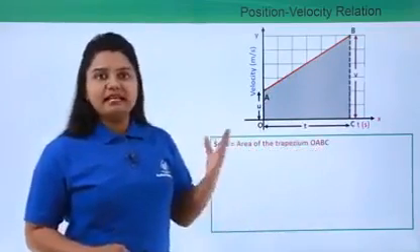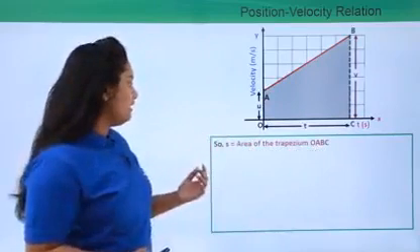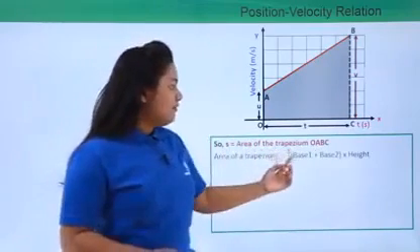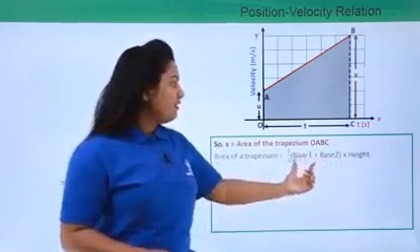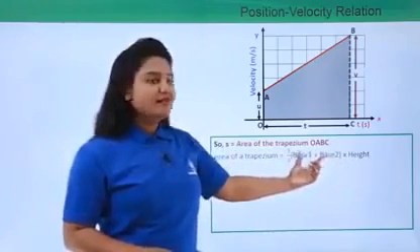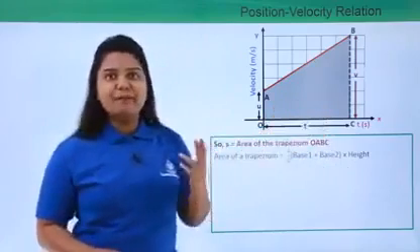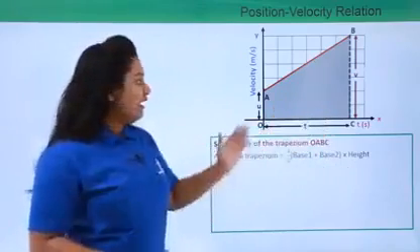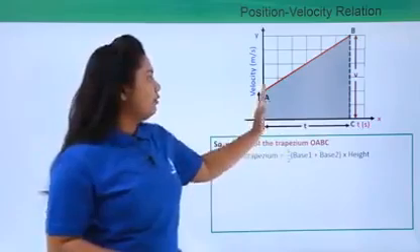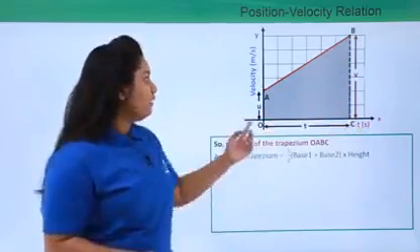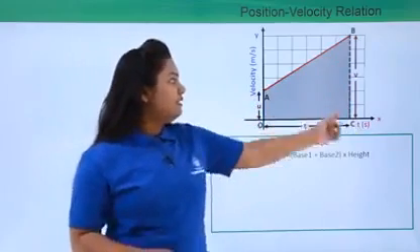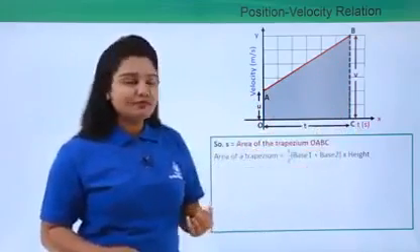Now, we know that the area of a trapezium is half into base 1 plus base 2 into height, where we generally take base 1 and base 2 as the two parallel sides of the trapezium. Here the two parallel sides are OA and BC, so we will take OA as base 1 and BC as base 2.